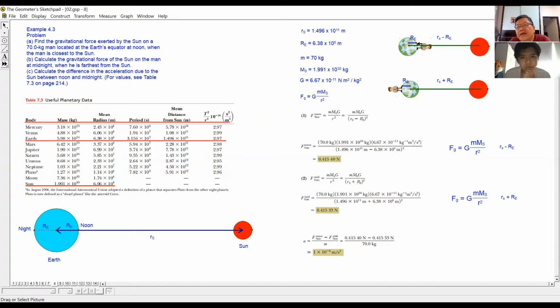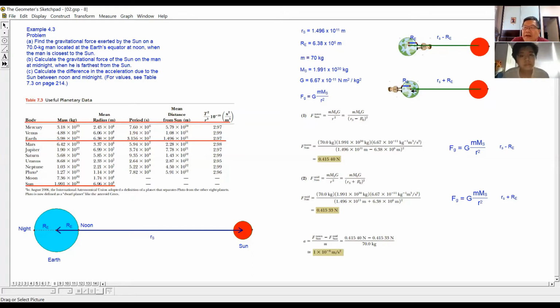So he is actually not standing at the center of the earth, he's standing on the surface of the earth. So the distance is actually shorter by the radius of the earth when you compare with the RS. So the distance between this man and the sun is actually RS minus RE, shorter by RE.